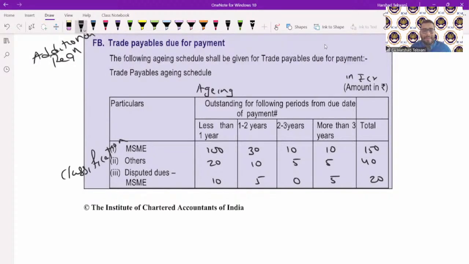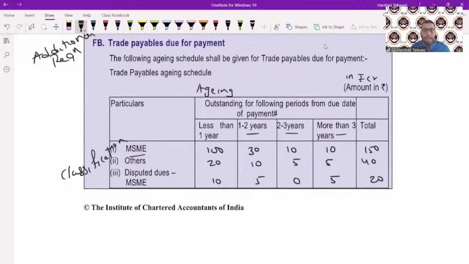Number one, for MSME, there are requirements of prompt payment. You need to pay the MSME, on the basis of law, within some time frame. And if you don't pay, then you need to pay an amount with interest. That's why these agings help the stakeholders or the investors to understand how prompt you are to pay the amount to your creditors.